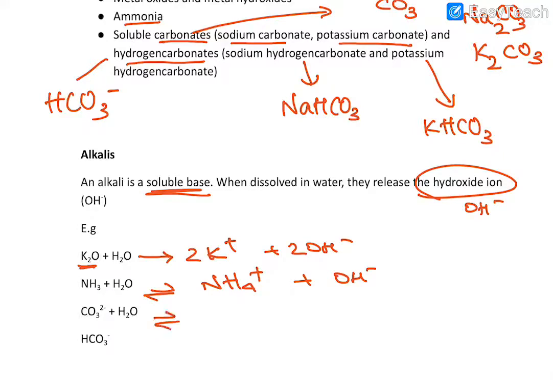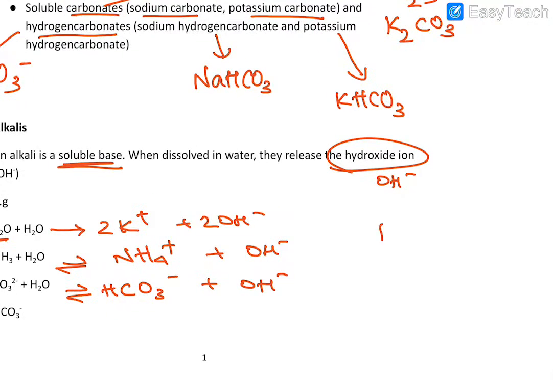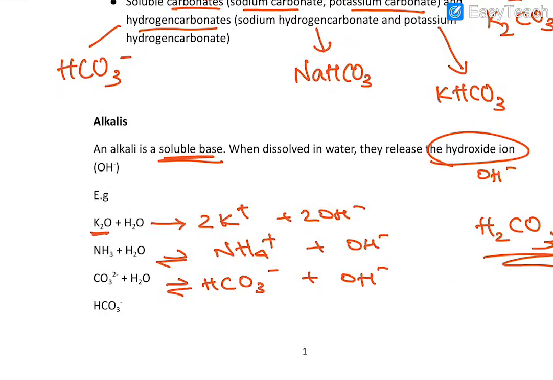Carbonate in water, so this is going to give me HCO3 minus and OH minus. Now note, carbonic acid, H2CO3, that's an acid, it gives H plus. But here carbonate is acting as a base, as an alkali, because it is accepting H plus.